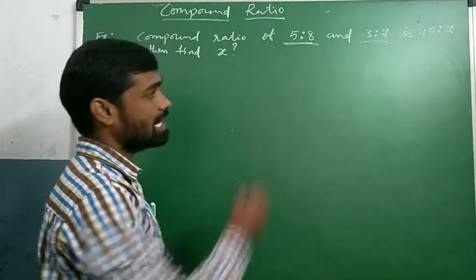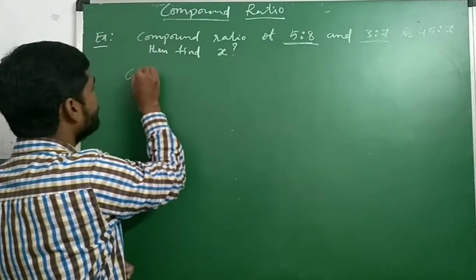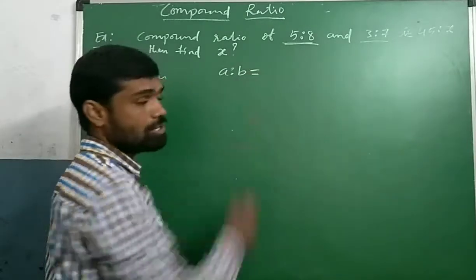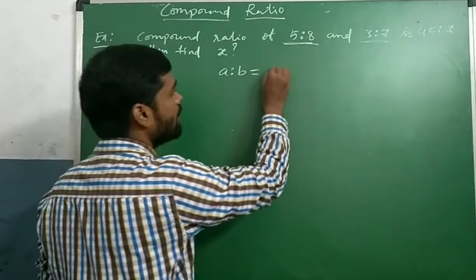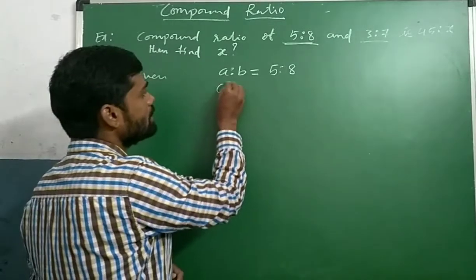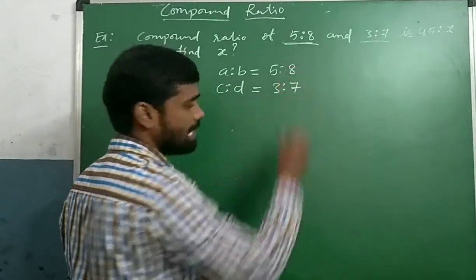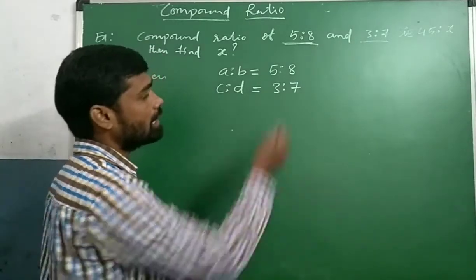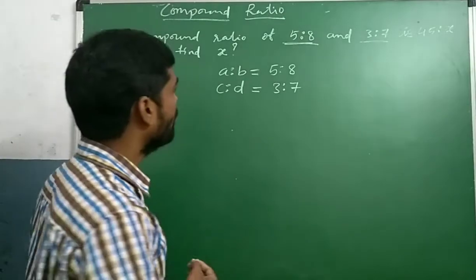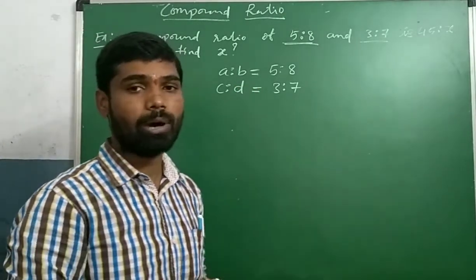First, let us take the two ratios that are given. Let the first ratio A is to B be 5:8, and the second ratio C is to D be 3:7, and the compound ratio is given as 45:x. When two ratios are given, what is the compound ratio?